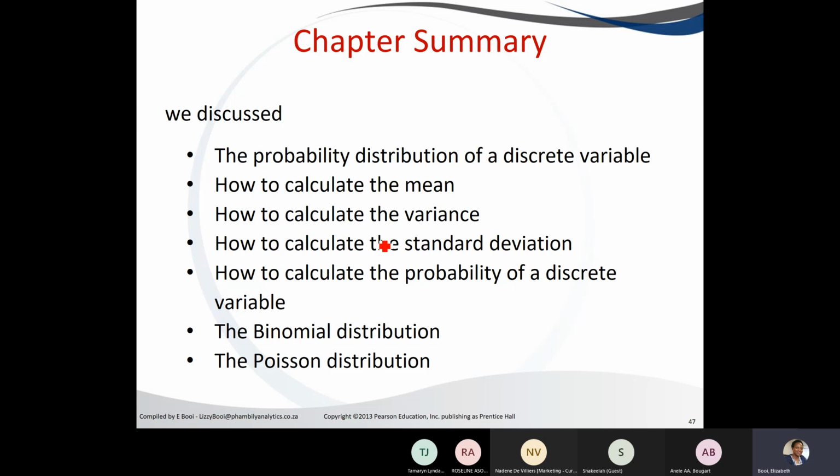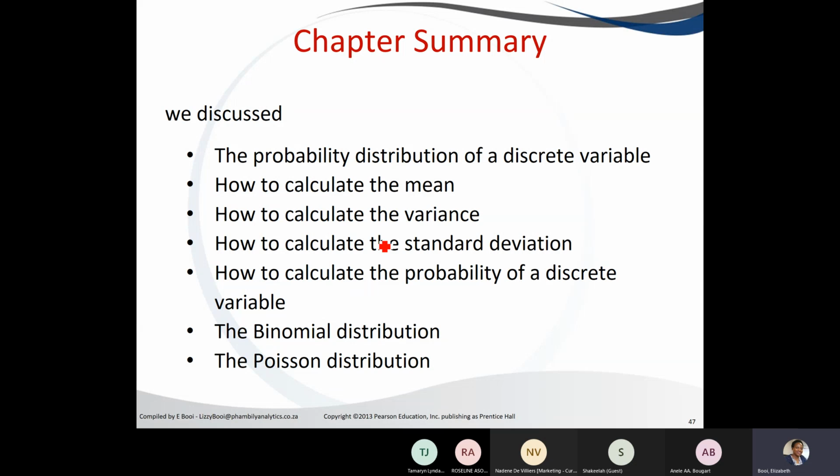Then we looked at how we calculate the mean, the variance, and the standard deviation of a binomial distribution, and calculating the probability of a binomial distribution. You can either use the formula or the table. It's easier if you use the table because it will save you a whole lot of time.